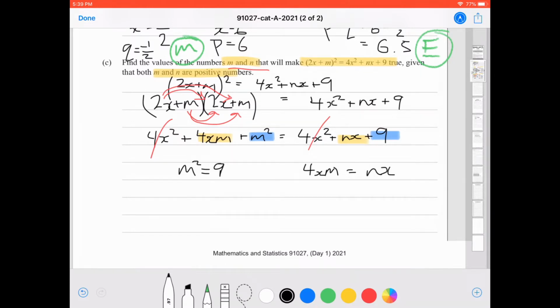We can actually cancel out x, and so we're left with 4m equals n, and we've gone as far as we can with that particular equation.